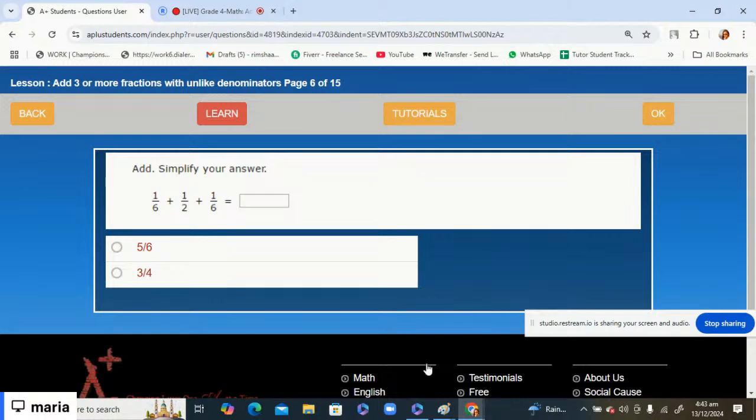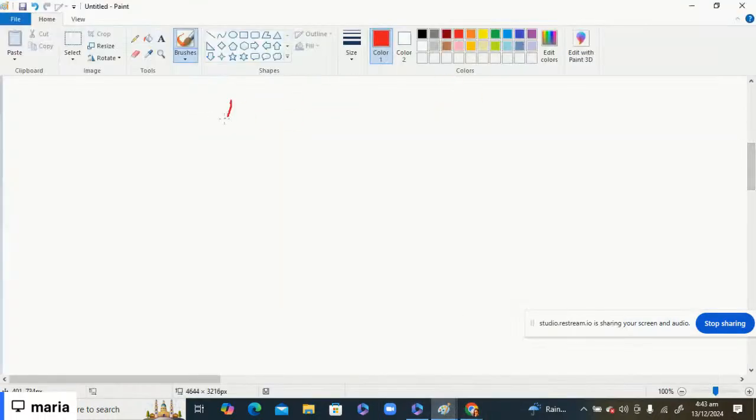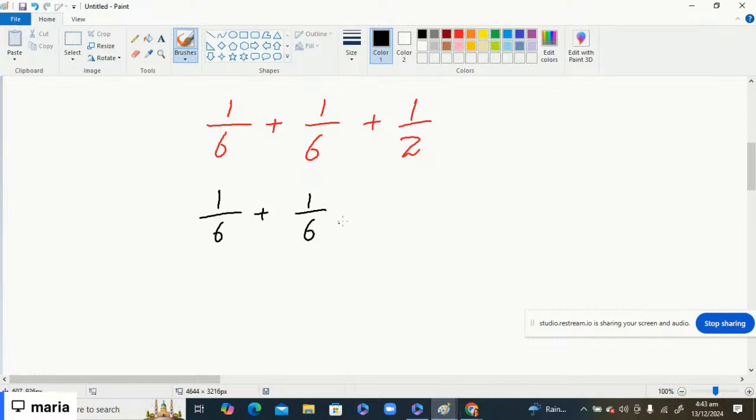Now 1 by 6 plus 1 by 6 plus 1 by 2. Now look, the third number is lower, a smaller number. So what we do for that, we keep these bigger numbers as they are, these both the same, and multiply and divide 1 by 2 with which number?